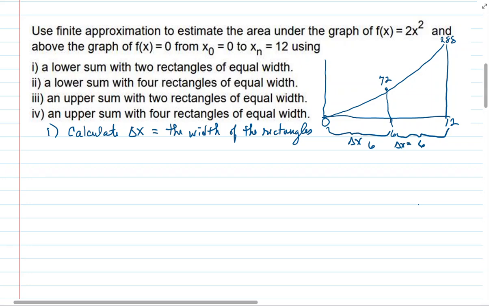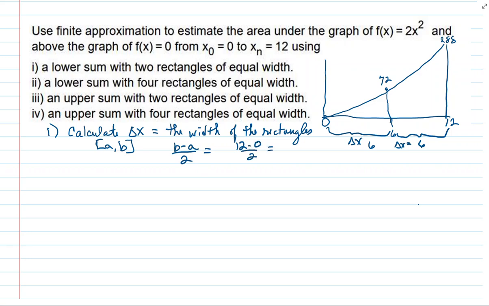All right. So we did that. We could have done it by saying 12, because this is a closed interval of a, b, and we could have done it as b minus a divided by 2. Well, that's 12 minus 0 divided by 2, therefore it's 6. Okay, either way, but these are so easy, just for an instructional purpose.